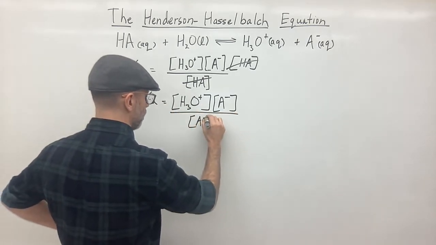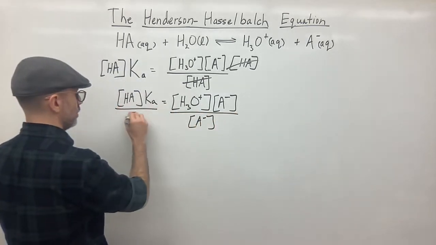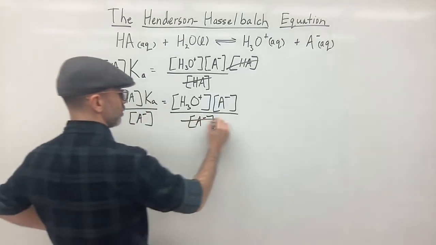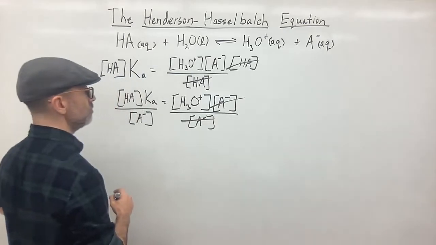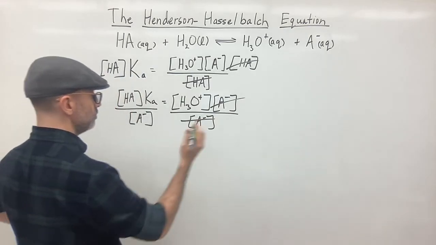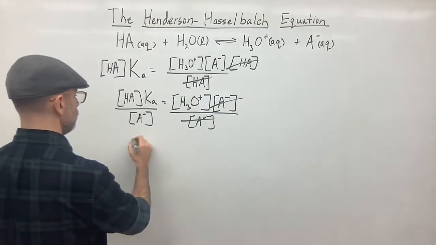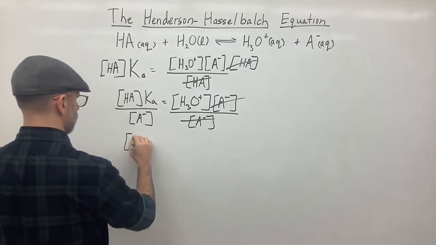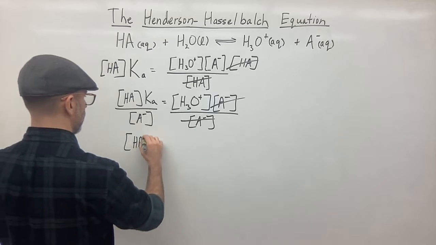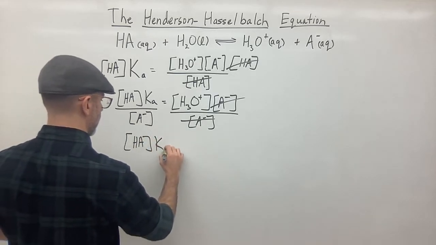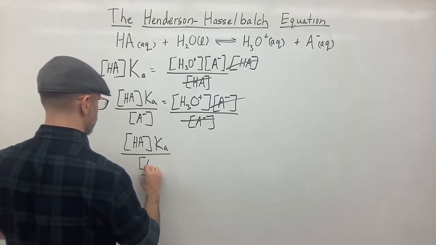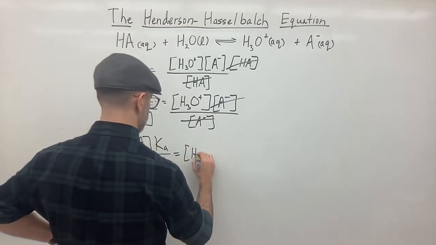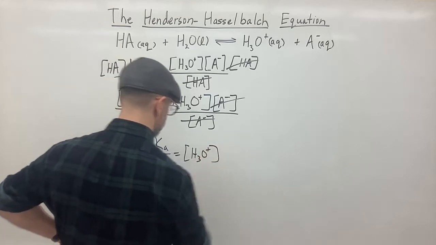So A minus concentration, divide that by the concentration of A minus. So that cancels out. And so now I have left here HA concentration times Ka over the concentration of A minus is equal to the H3O plus concentration.